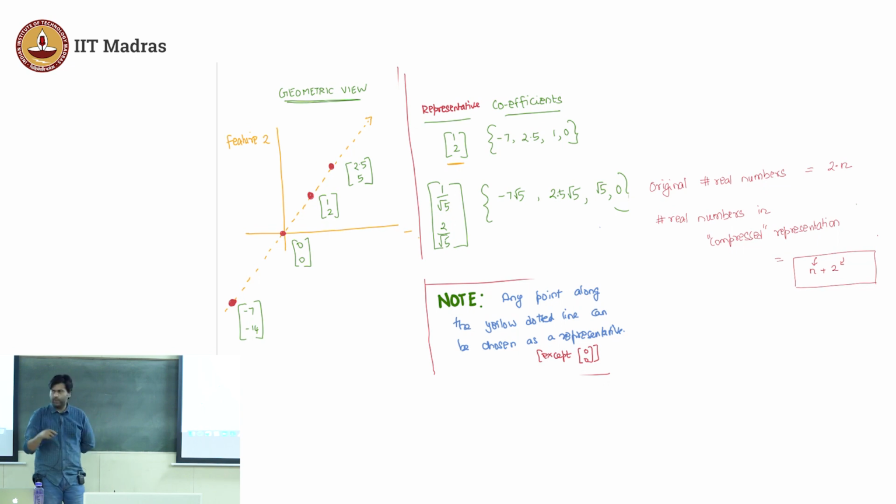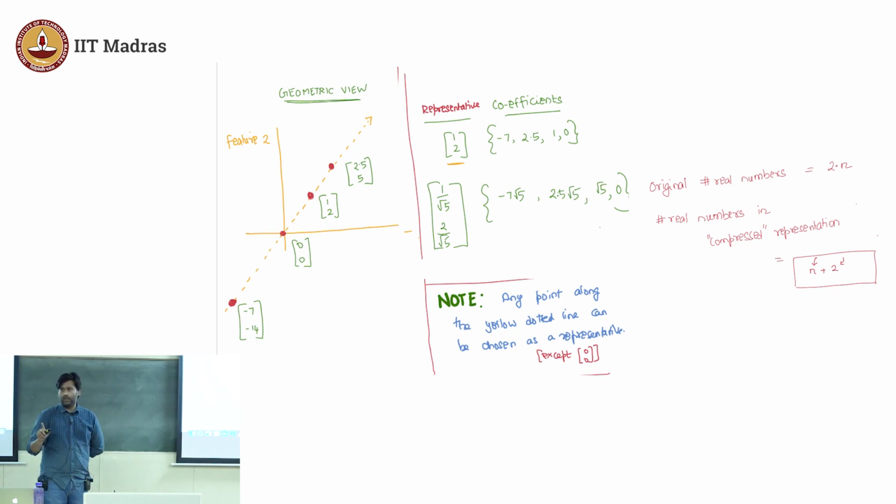Now notice that because of this geometric view, there is nothing special about (1, 2). I can pick any point along this line as my representative, and I will get a corresponding coefficient for each of the data points. For instance, instead of (1, 2), for whatever weird reason, let's say I want to use the representative (1/√5, 2/√5).